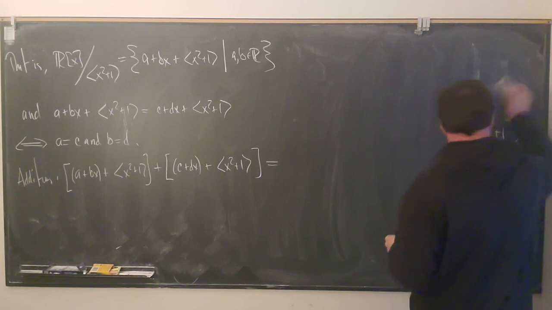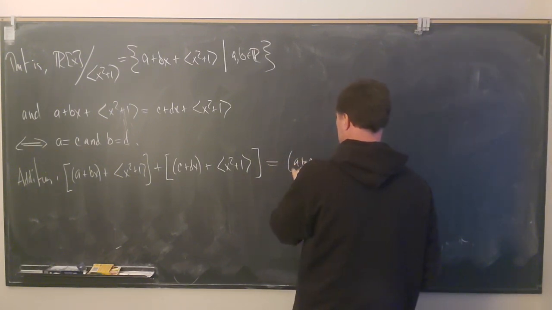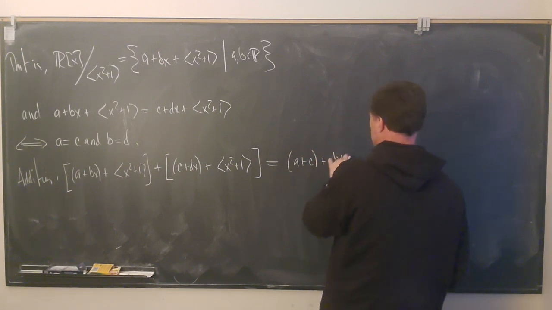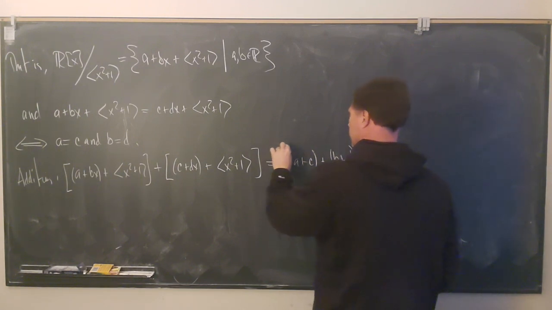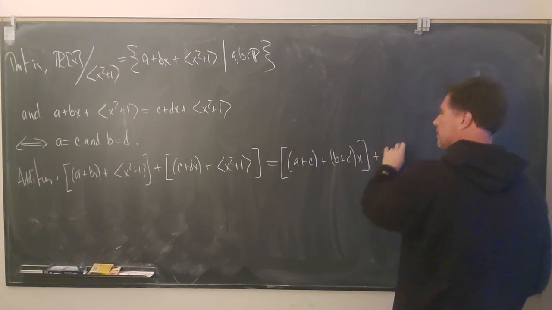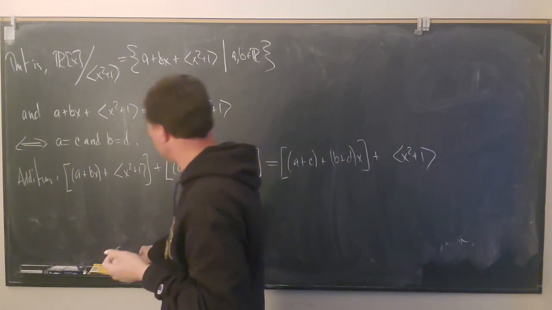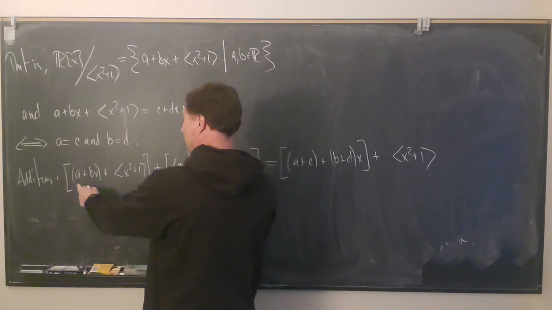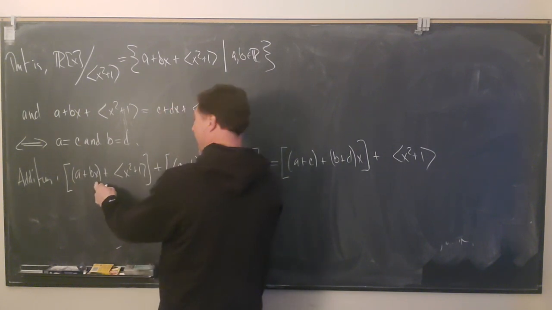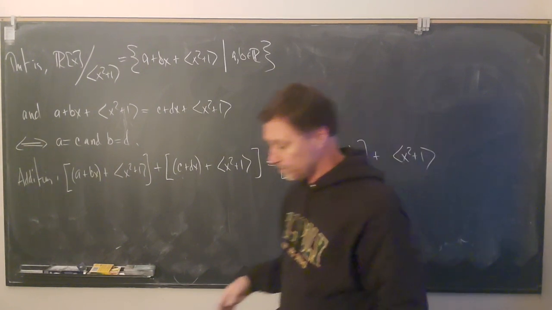And so that's going to be a plus c plus b plus d times x plus the ideal. Okay, so nothing too exciting. You add the constant coefficients, you add the degree 1 coefficients, that gives you the corresponding coset represented over here.